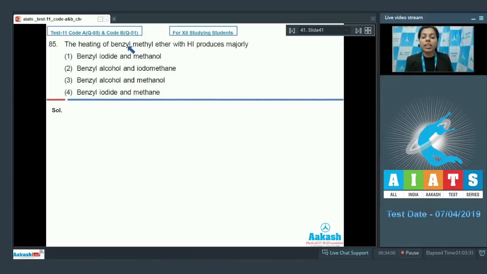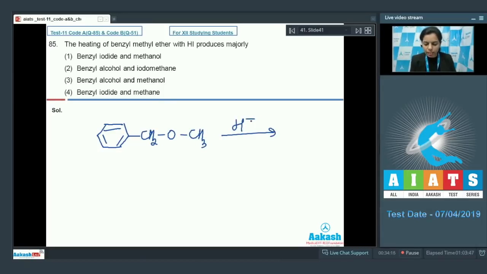Question number 85. The heating of benzyl methyl ether with HI produces majorly. We are talking about an ether that is benzyl methyl ether, this way. HI is added. In this reaction, there is SN1 mechanism due to the presence of the benzyl group, and now there's the formation of two products.